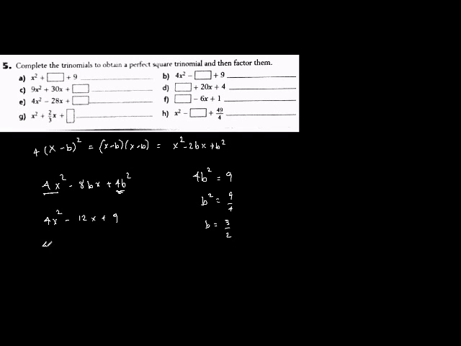Then what we get is 4 times 3 squared, which is 9, minus 12 times 3 plus 9. I'm going to do it on my calculator: 4 times 9 minus 12 times 3 plus 9.